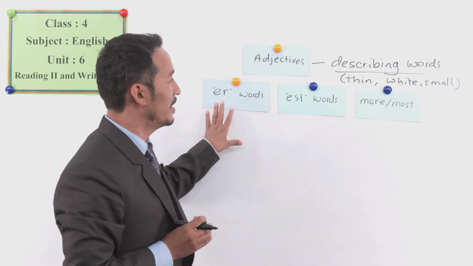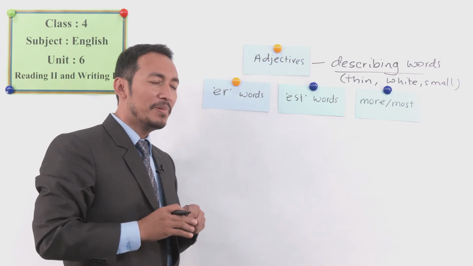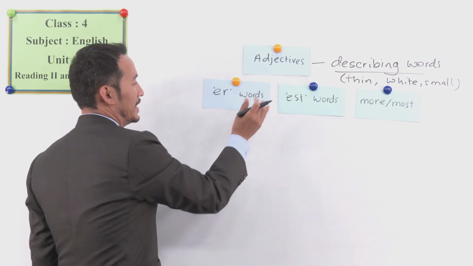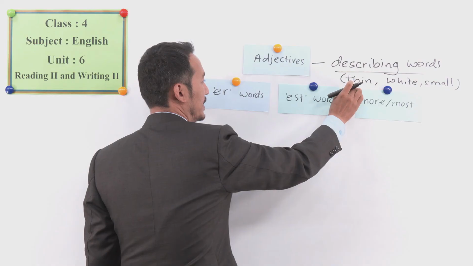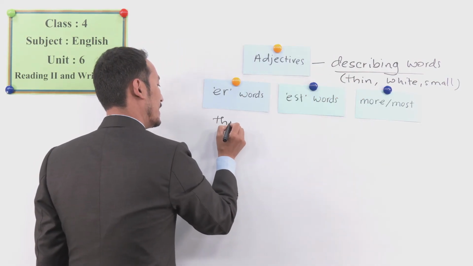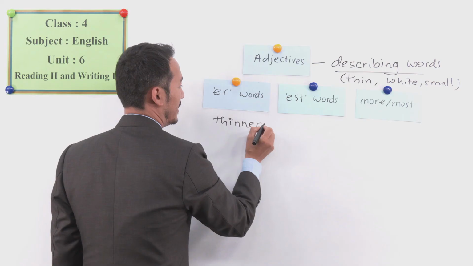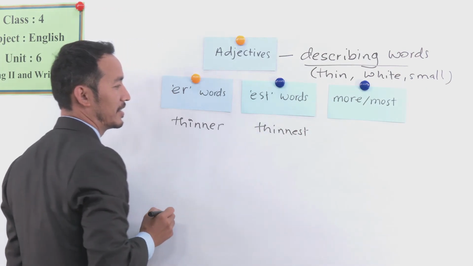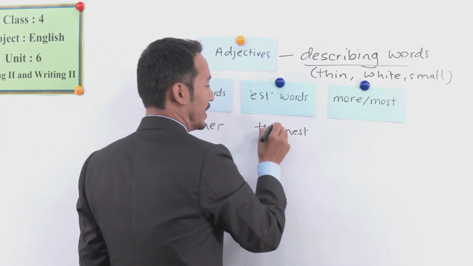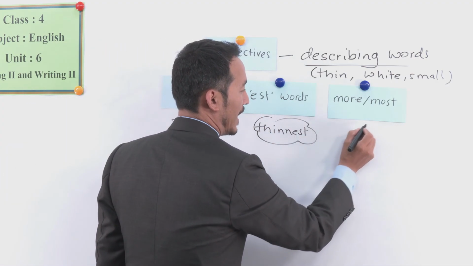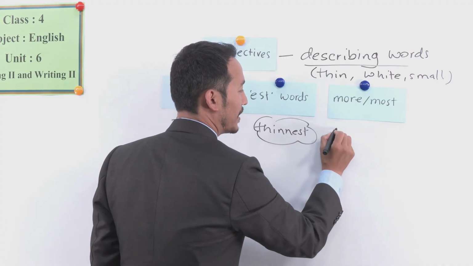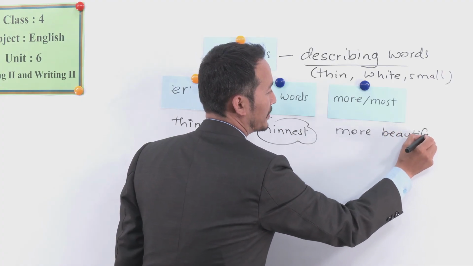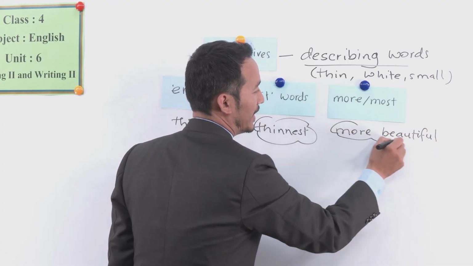And we have talked about using words with ER for comparing different things. Do you remember the words with ER? For example, thinner. For example, thinnest, EST word, thinnest. For more and most, we have longer words. For example, more beautiful. More beautiful. Yes, you are right.